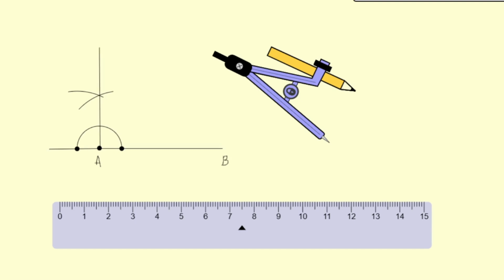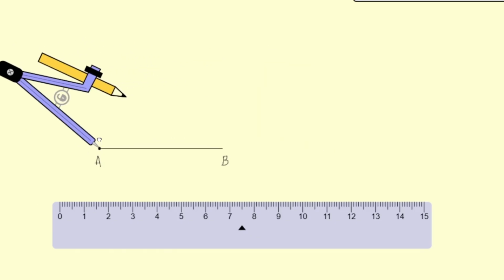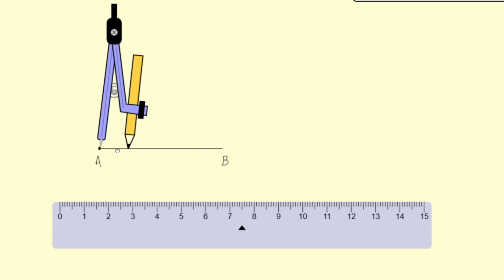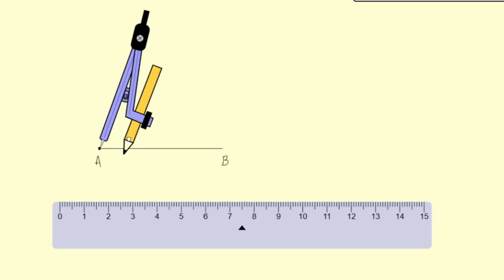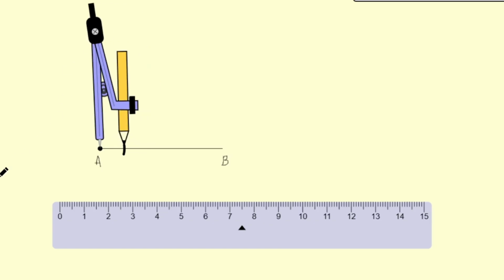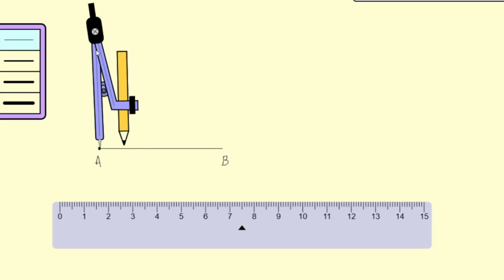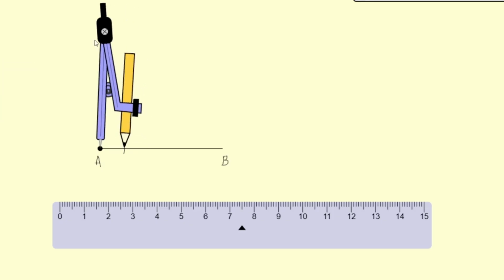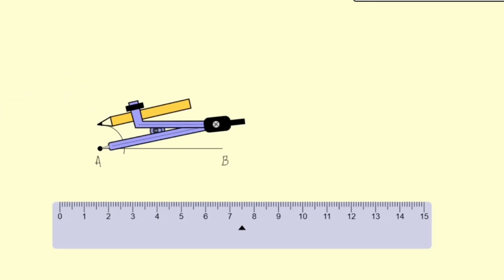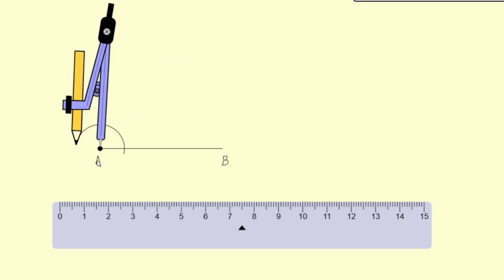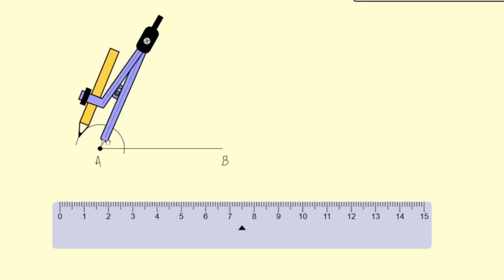There's another way you can do your 90-degree as well. So instead of going all the way over and extending your line, you could place your compass point right here, open to a convenient radius, scribe, let me change that to light lines, and then scribe, and we'll come to about here, not a full semicircle though.